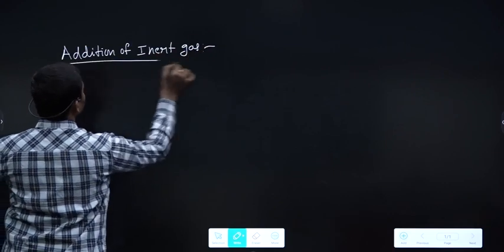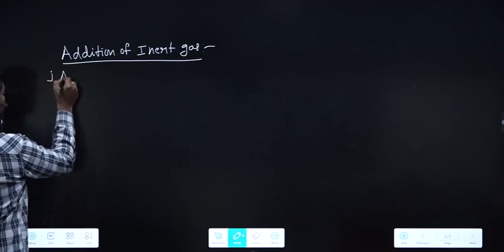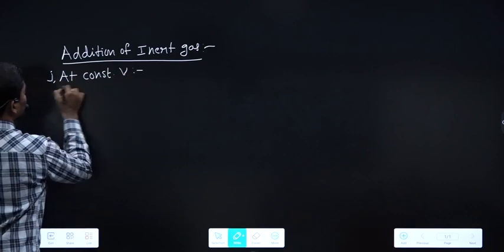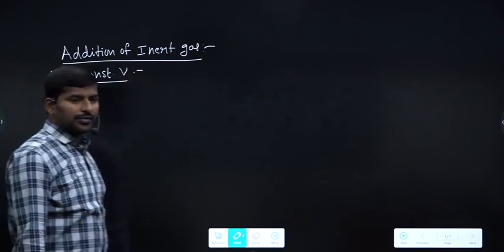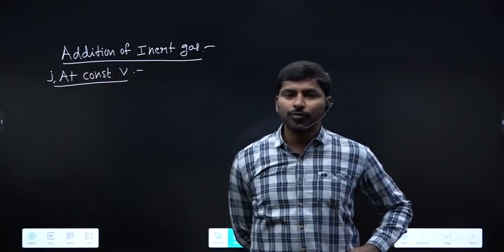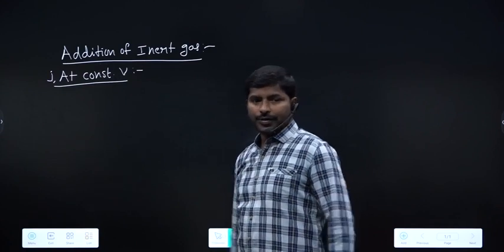Two cases. One is at constant volume. Constant volume means with movable piston or immovable piston, and we have to take immovable piston. Okay, closed vessel we have to take.